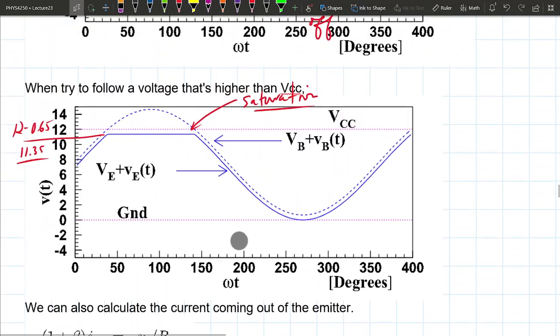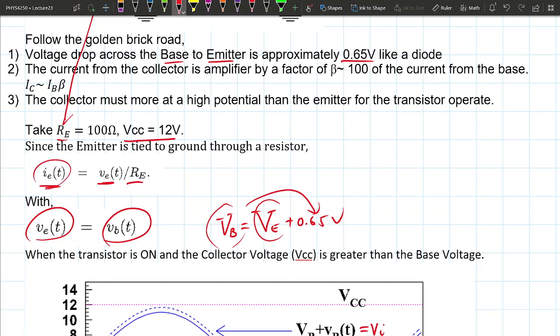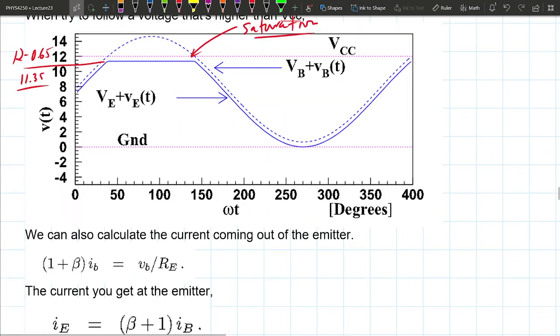This requires me to go back up here, right? The current at the emitter is VE over RE. Obeying rule number 2, the current at the base is going to be the current at the emitter times beta.